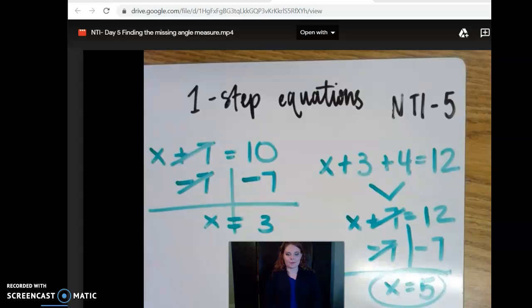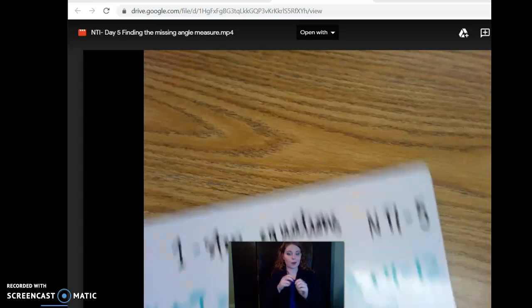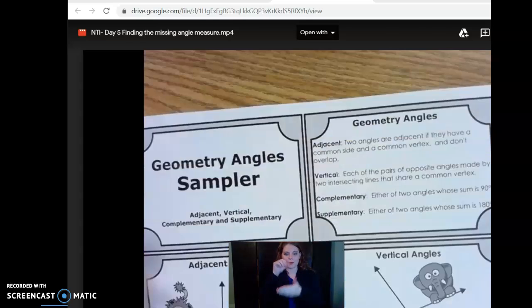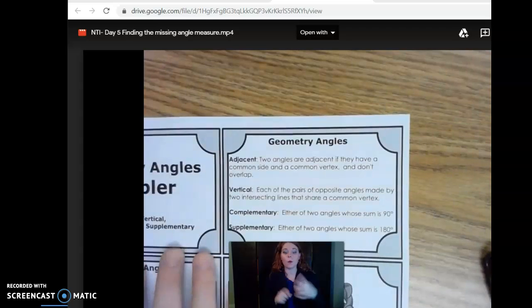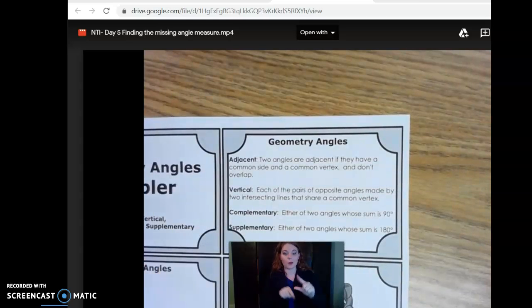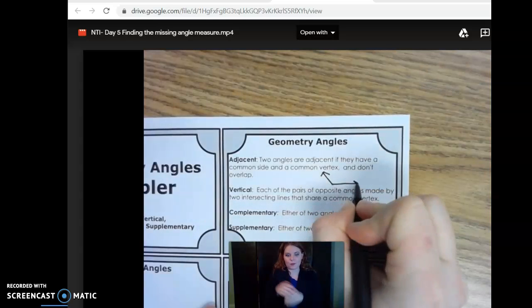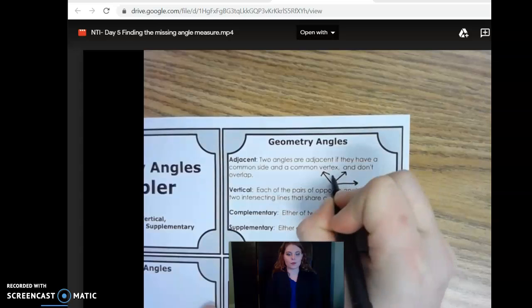The reason that we're reviewing this is so that you can apply what you know here to your angles that you learned yesterday. Now, the angles that you learned, there's 4 different types of angles. There are adjacent angles, and this is where you have a larger angle split into 2.